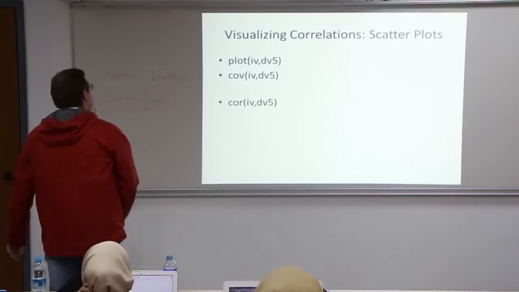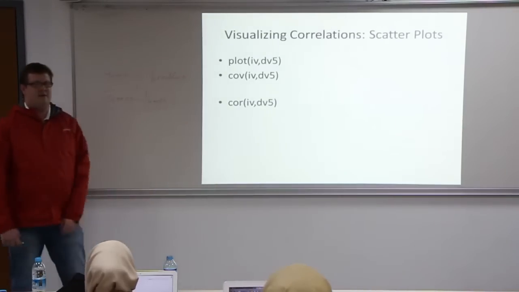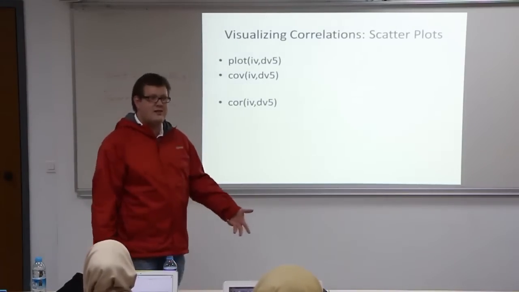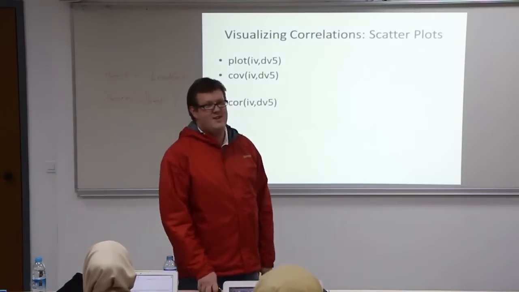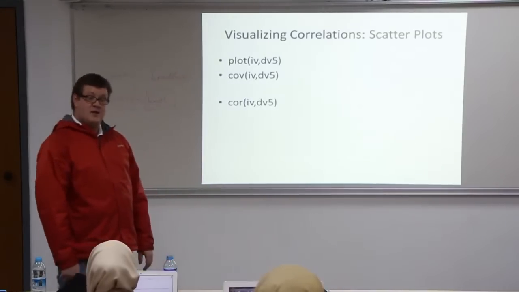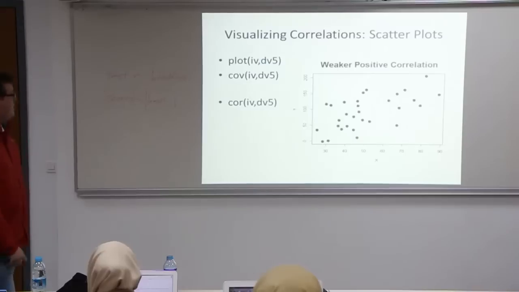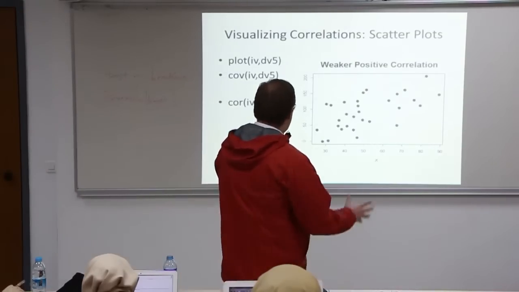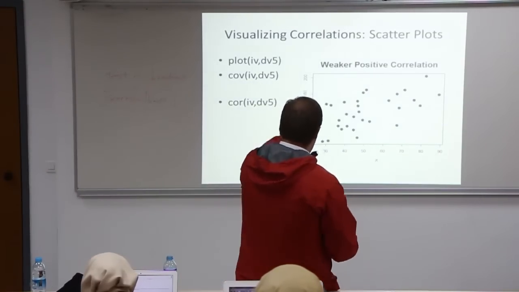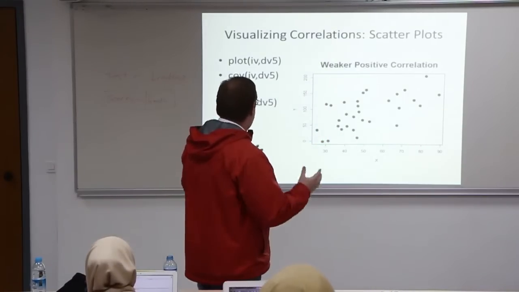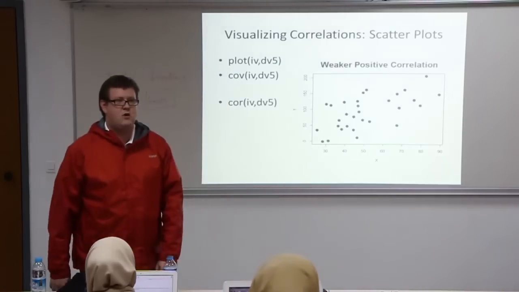Okay, how about for our fifth dependent variable? Weaker. How do you know? Have you already looked at the weaker? It's a positive correlation, but it's weaker than what we had before. It's getting to the point where you actually have to think about things, because, at least for me, when I look at this, it's not like boom, oh, we have a positive correlation.